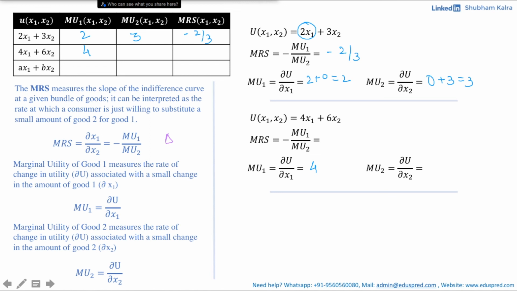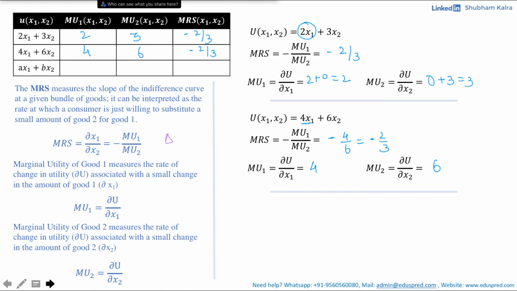You can always refer to the formulas for derivatives from your basic maths courses. The marginal utility for good 2 would be 6, as here we are keeping x1 constant. Now substituting these values into this formula, we get MRS equal to minus 4 divided by 6, which is equal to minus 2 divided by 3. So filling up the table, your marginal utility of good 2 is 6, and your MRS is minus 2 divided by 3.